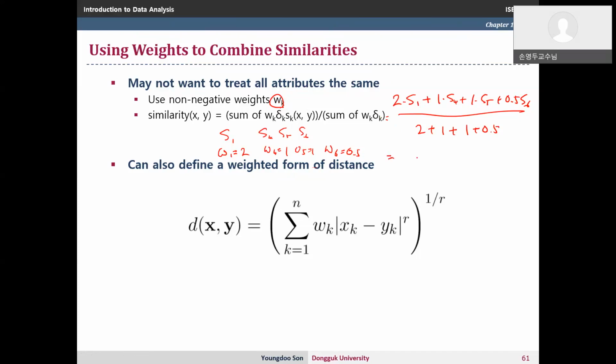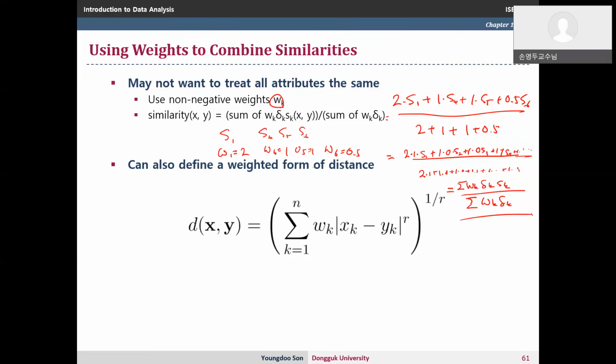It can be represented as 2·1·S1 plus 1·0·S2 plus 1·0·S3, 1·1·S4, 1·1·S5, 1·0.5·S6, over 2·1 plus 1·0 plus 1·0 plus 1·1 plus 1·1 plus 1·0.5. It is the summation of w_k delta_k in the denominator, and the numerator is the summation of w_k delta_k s_k. This is the weighted average of the previous version.